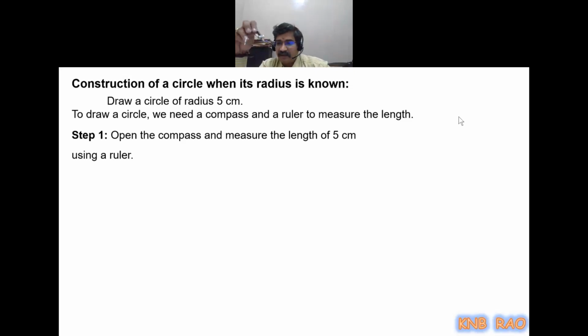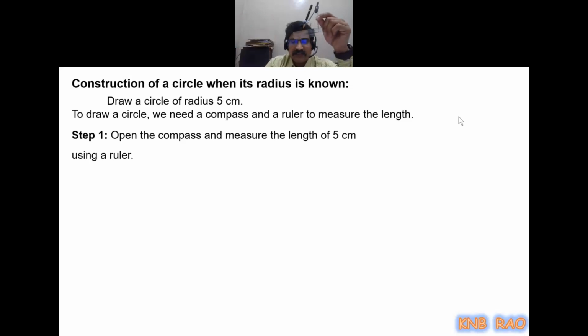This is the 5 centimeter. We call the distance between metal end and pencil end the radius. So you have taken the distance as 5 centimeter with the help of the scale, and that is the first step.